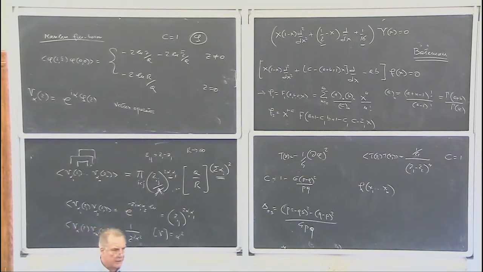For instance, translation invariance means they should depend on differences, and cannot depend on the individual values. It should have cluster decomposition, and so on. So there are a set of conditions.